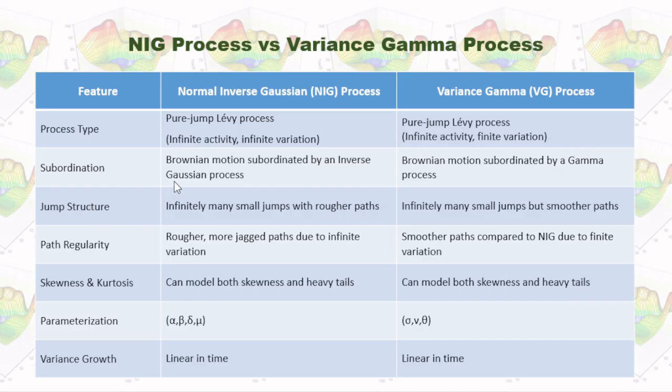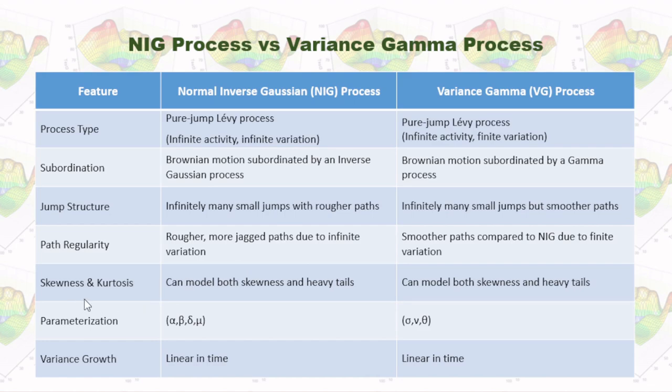And for this NIG process we have Brownian motion subordinated by an inverse Gaussian process, while for this Variance Gamma process it has Brownian motion subordinated by a gamma process. For the jump structure, both of them have infinitely many small jumps, but NIG process has rougher paths and Variance Gamma process has smoother paths.